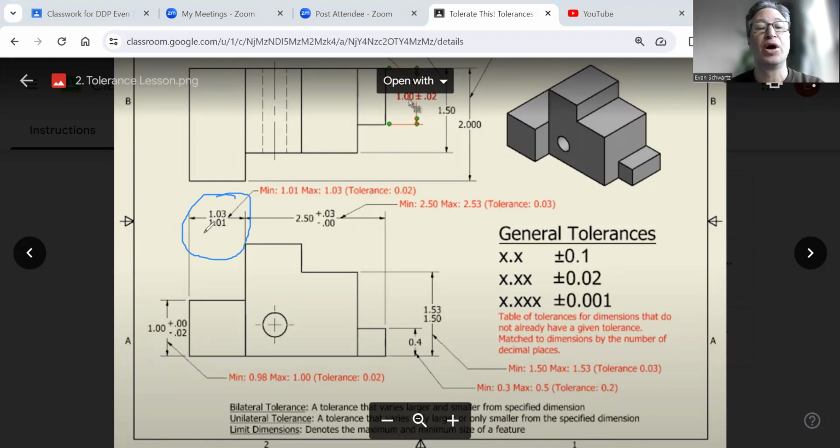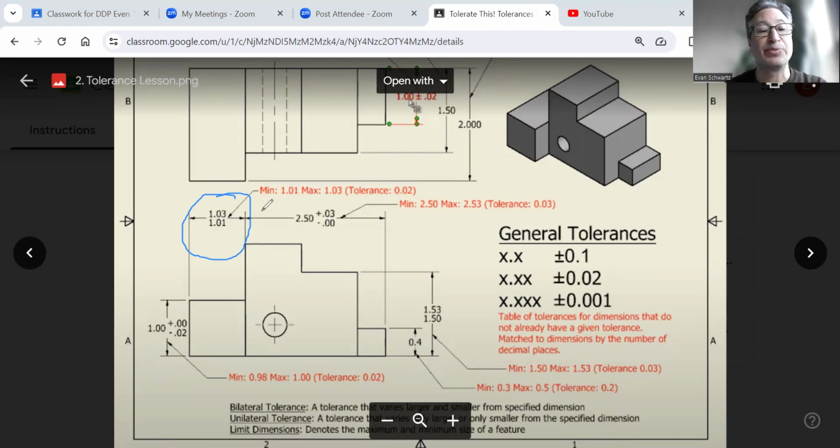So the part can be no larger than 1.03 and no smaller than 1.01. So when we're figuring what the tolerance is, we're going to be taking the difference between the two. 0.03 minus 0.01 is 0.02. So that will be the total tolerance when we are looking at this.